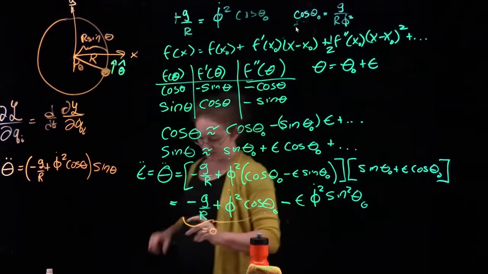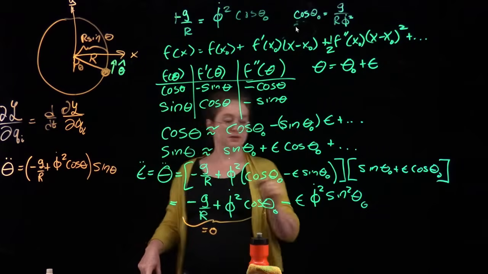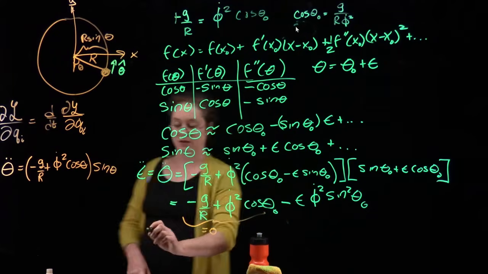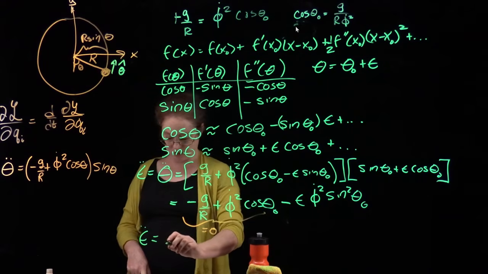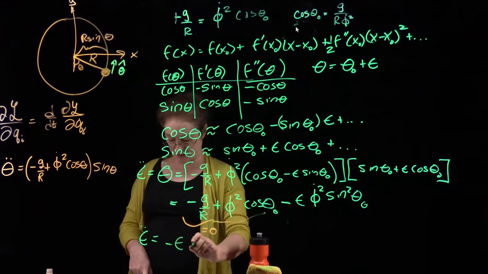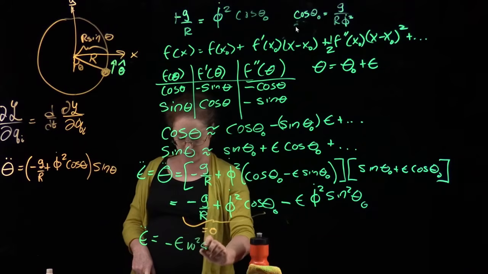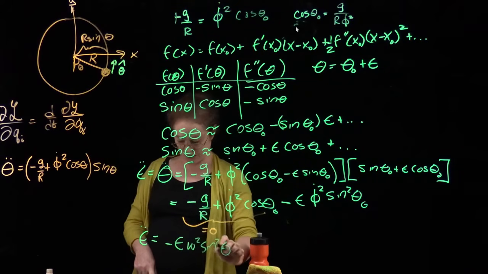So I get something which has epsilon double dot equal to negative epsilon omega squared sine squared theta.